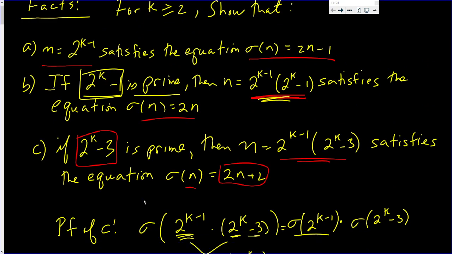Okay, sigma of 2 to the k minus 1 is 2 to the k minus 1.